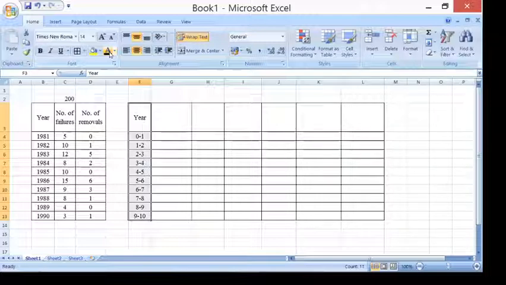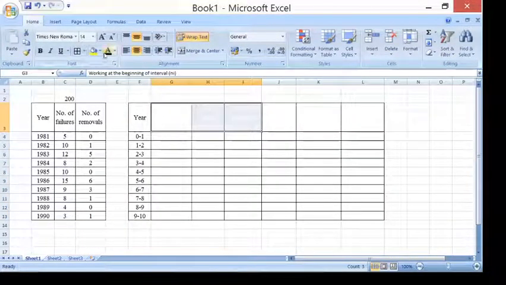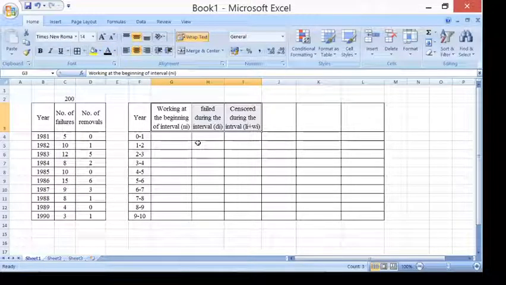That means we will have an estimate of the survival function at time point 1, at time point 2, and similarly at time points 3, 4 and so on up to 10. For this setup, we will be considering the following things.